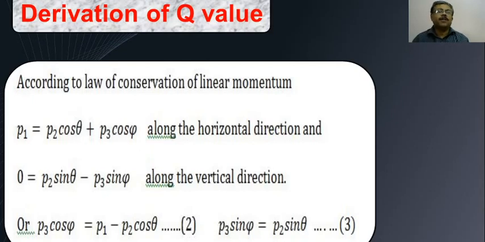Thereby we have P2 cos theta and P3 cos phi along the horizontal direction, and P2 sin theta and P3 sin phi along the vertical direction. By looking into the conservation of linear momentum principle, we can have these two equations and rearrange them to arrive at P3 cos phi equal to P1 minus P2 cos theta, and P3 sin phi equal to P2 sin theta.